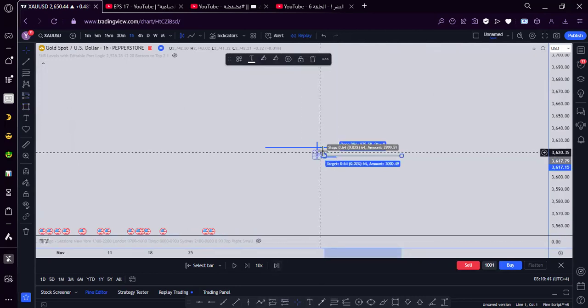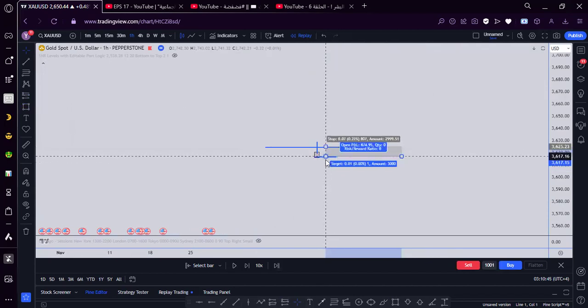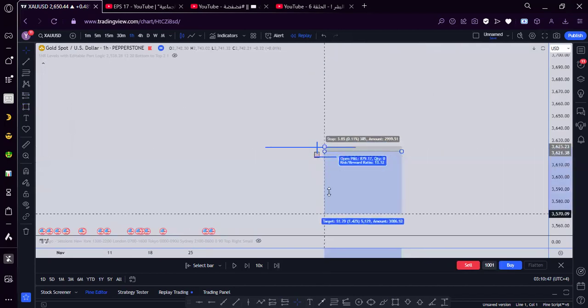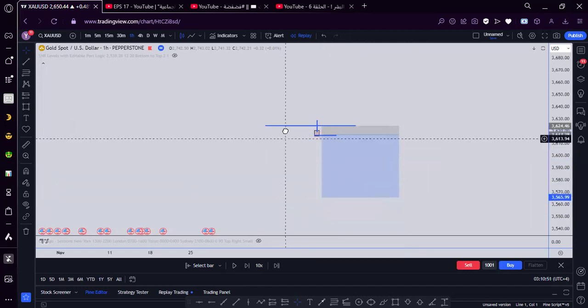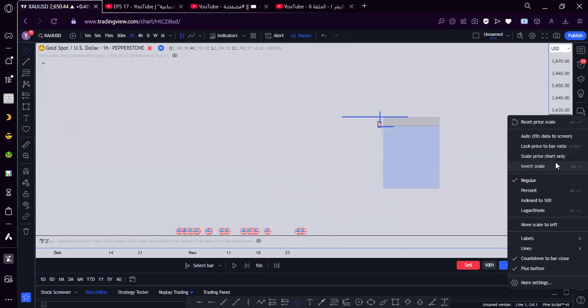Always take it simple. The simplicity is the key in trading. So our stop loss is safe when the size is small. This is for the sell level.